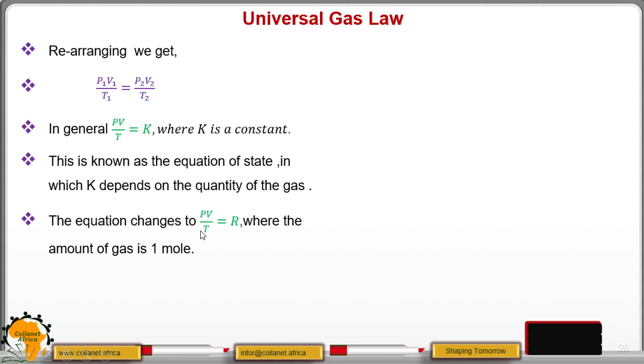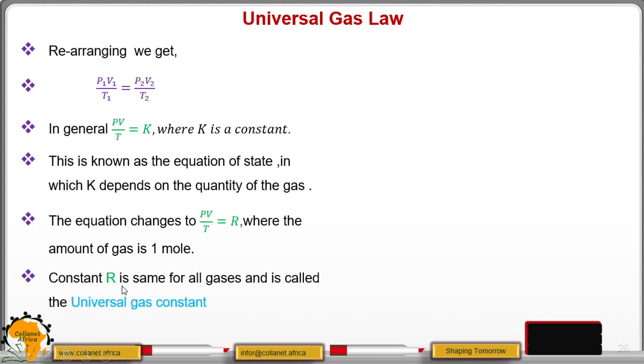So when we consider 1 mole of a gas, the equation becomes PV over T is equal to R. The constant R is the same for all gases and is called the universal gas constant.